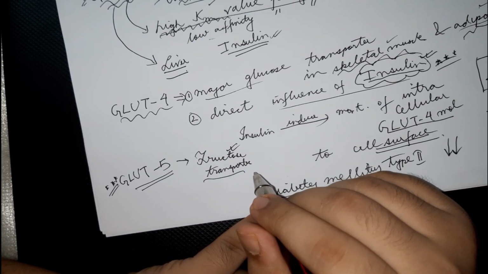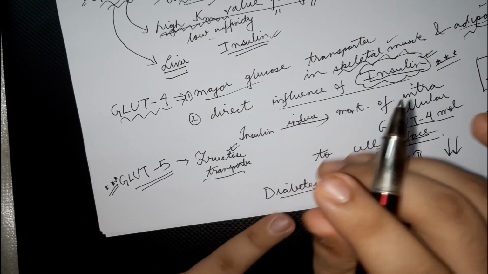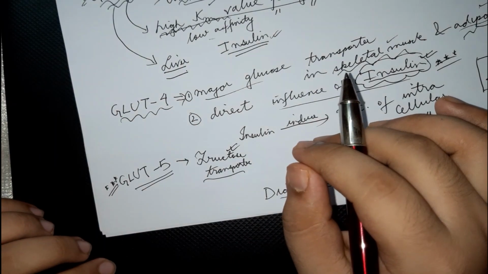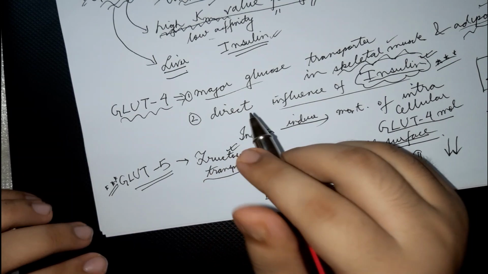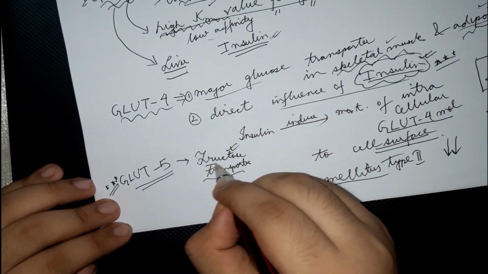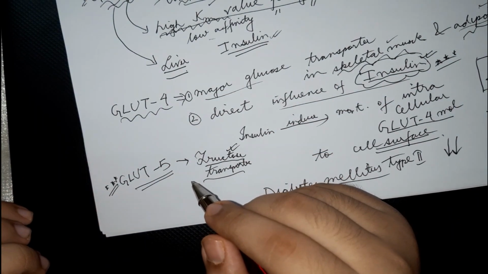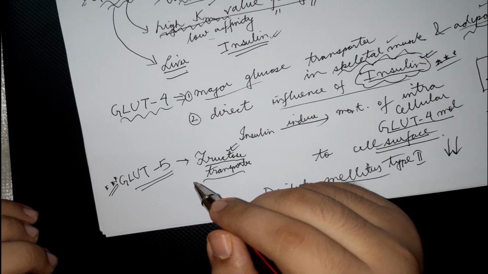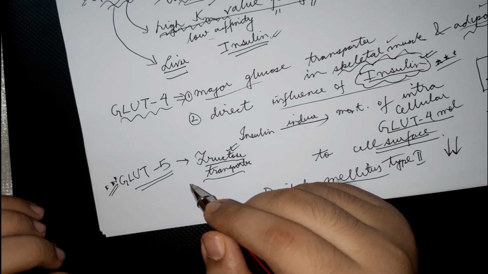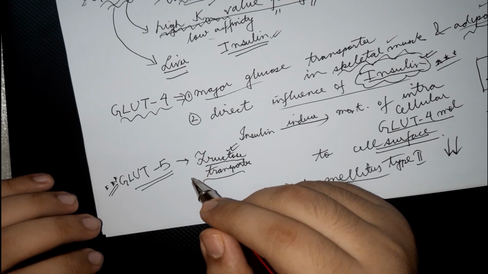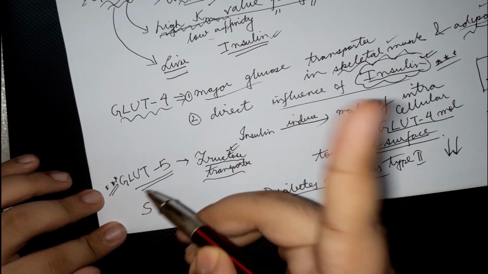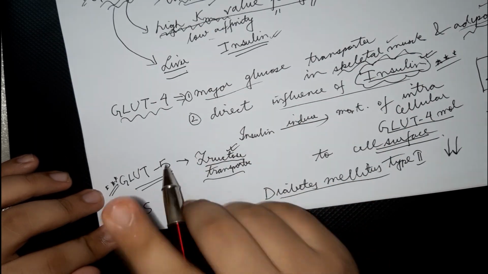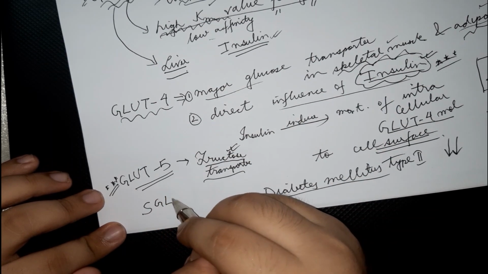Okay, done. So with this, one more thing. We talked about glucose absorption, and we are also talking about fructose transportation. So what about galactose? Galactose is also transported along with glucose by the same transporter, which is SGLUT.